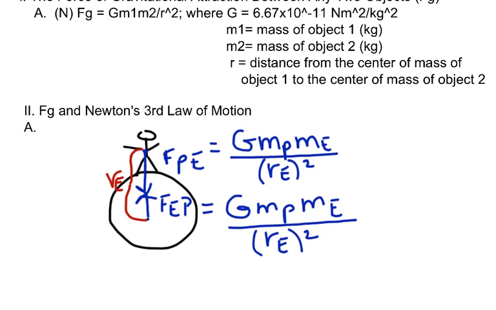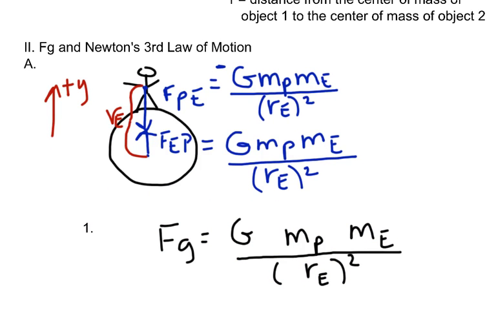So as you can see, the force of the person because of the Earth is equal to the force on the Earth because of the person. The difference between them is that they are opposite in direction. Now if we define up as positive, we'll call it up plus y, then you can see that the force on the person because of the Earth is acting down, or it has a negative value. So every action has an equal and opposite reaction when we're talking about Newton's law of universal gravitation.